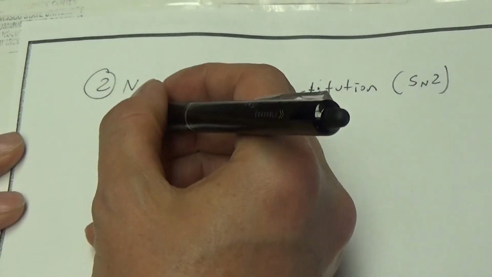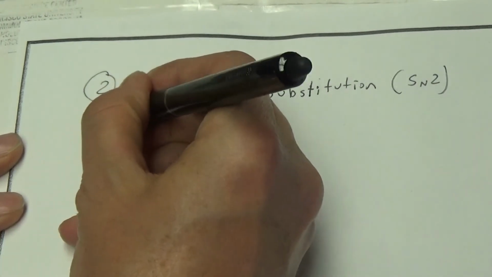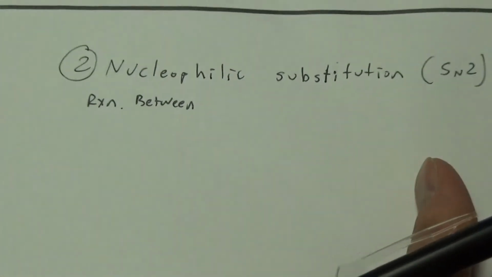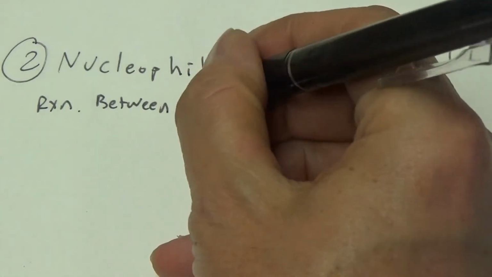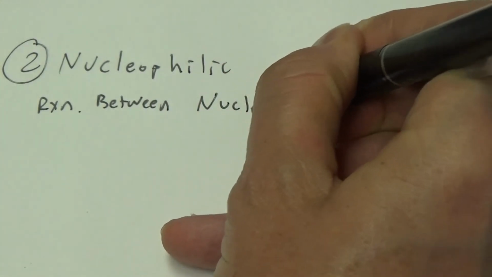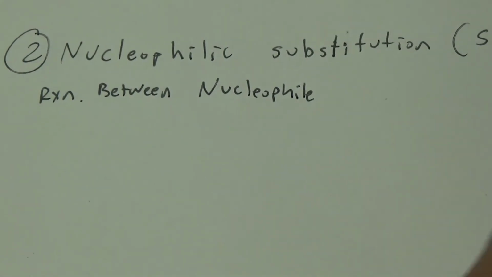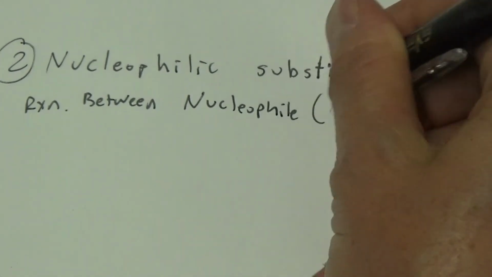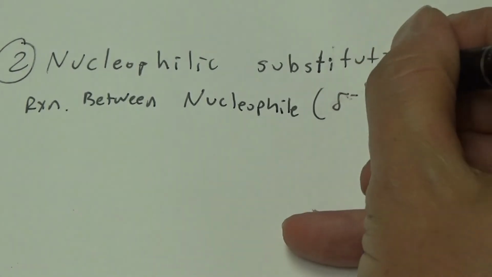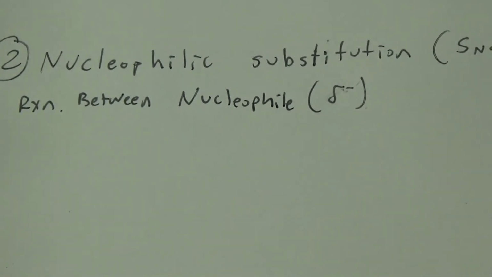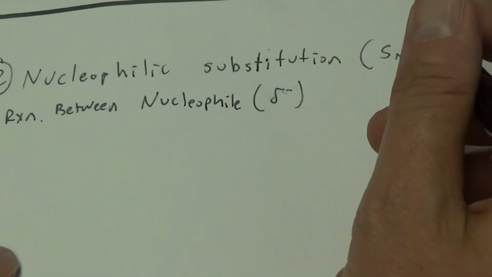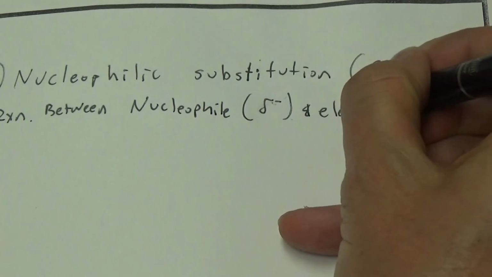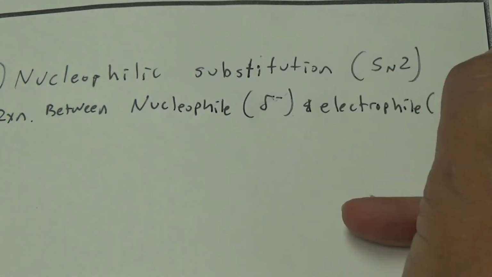So this is a reaction between something called a nucleophile, which is typically going to be delta negative, and an electrophile, which will be delta positive.